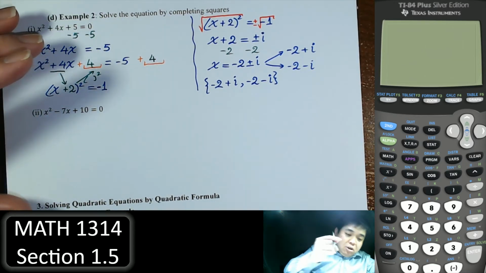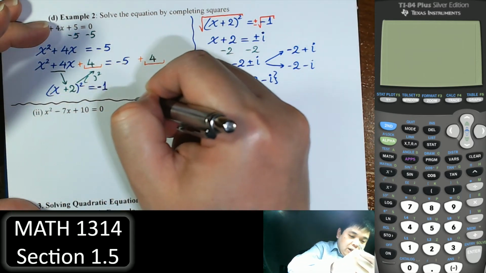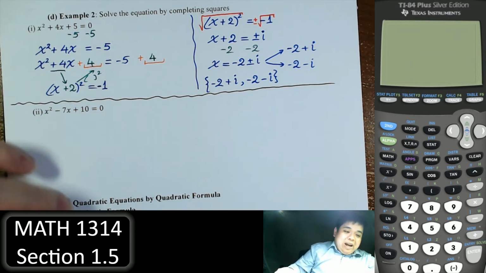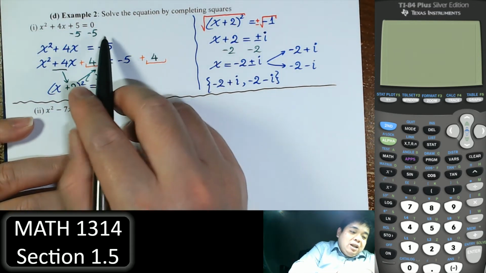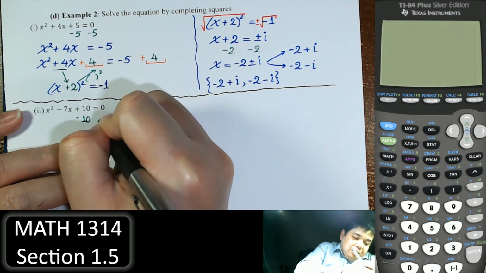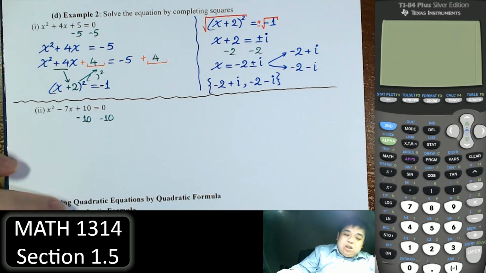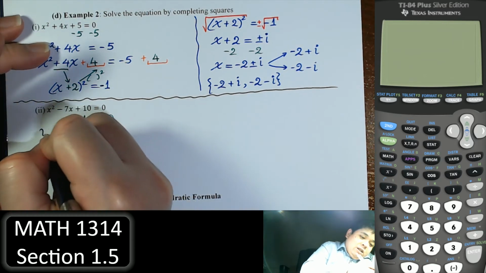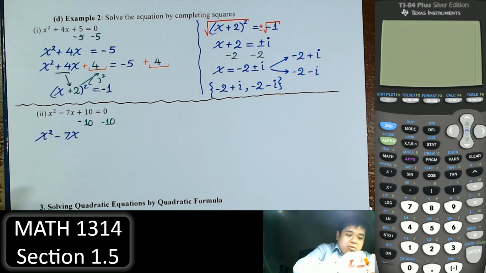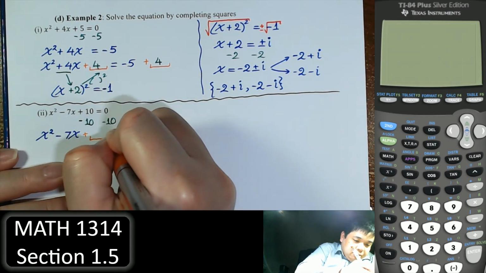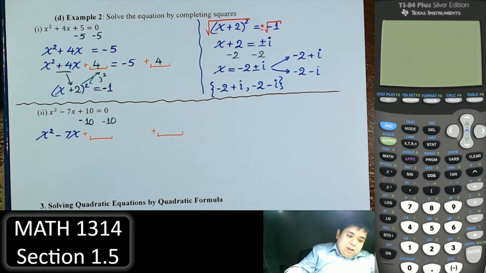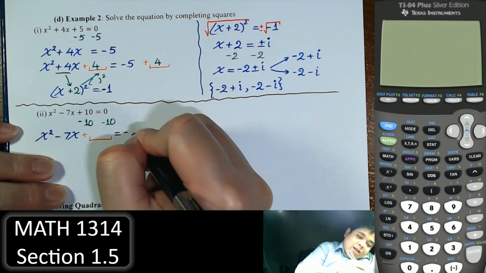Yeah, the numbers there were simple, but a number could be complicated like this. Once again, to complete the square, we're going to need only 2 terms on the left hand side, because it is easier to determine the term we add to it. So we need to add something on both sides. On the right hand side, we still have negative 10.